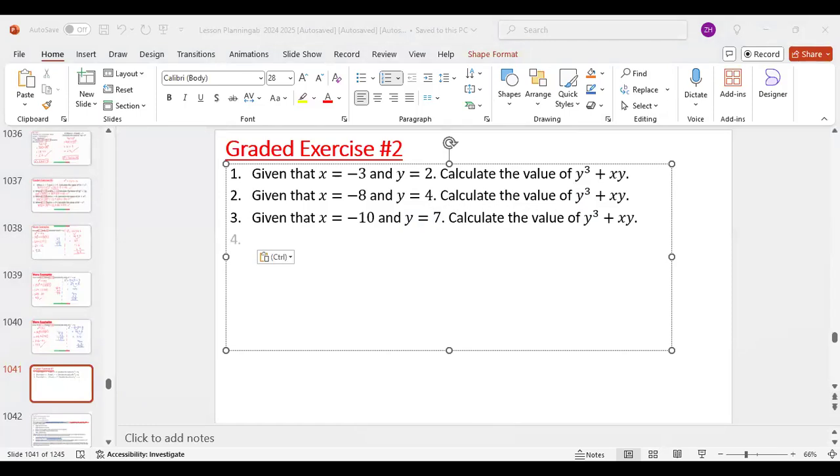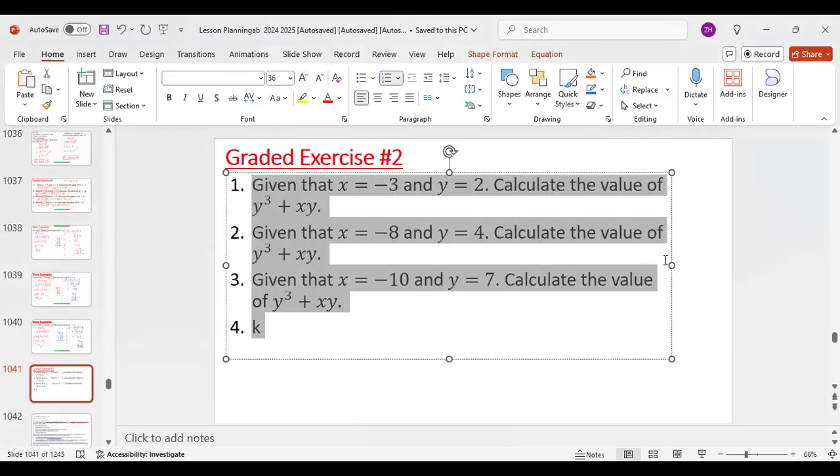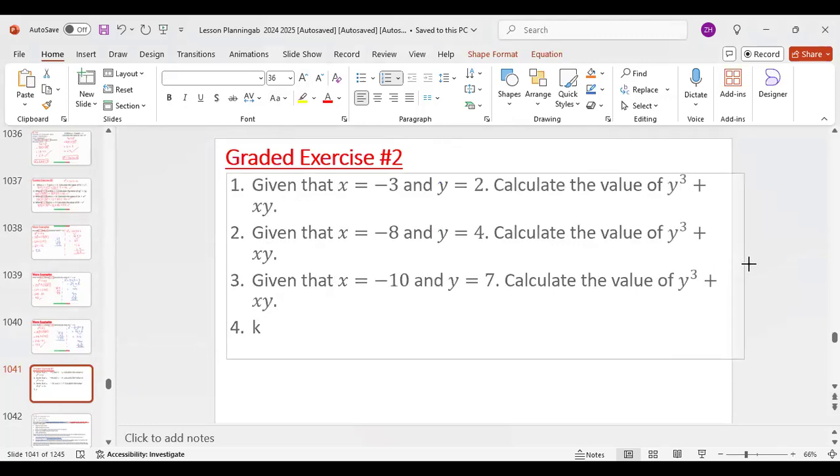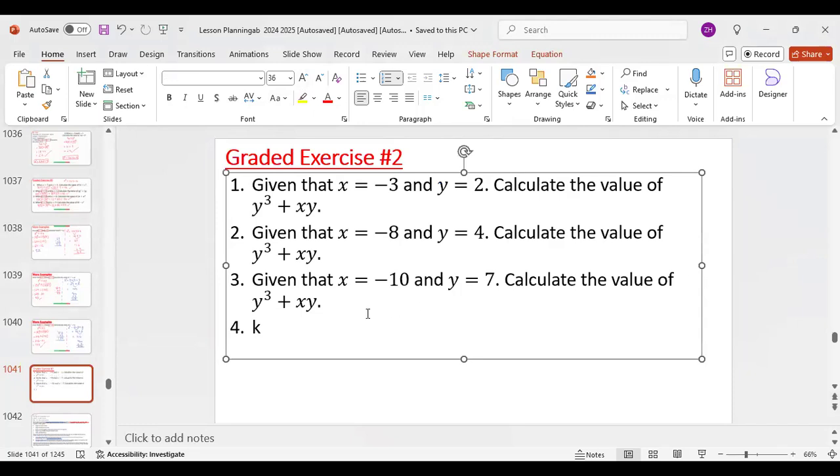Okay. Good one. It's number 4. Given that, number 4. Let's enlarge this. So y is equal to, yeah, let's do it. And then number 4.